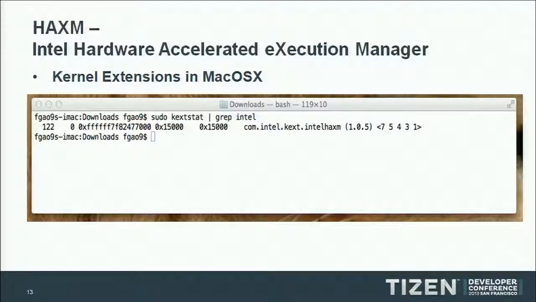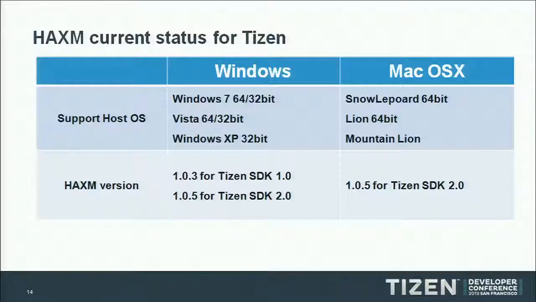And on the Mac OS host, HAXM is presented as a kernel extension. We can use the kernel extension tools to search the HAXM driver. Current status for HAXM on the Tizen side, we support 5 Windows OS types, that is Windows 7 64 and 32-bit, Vista 64 and 32-bit, and Windows XP 32-bit.